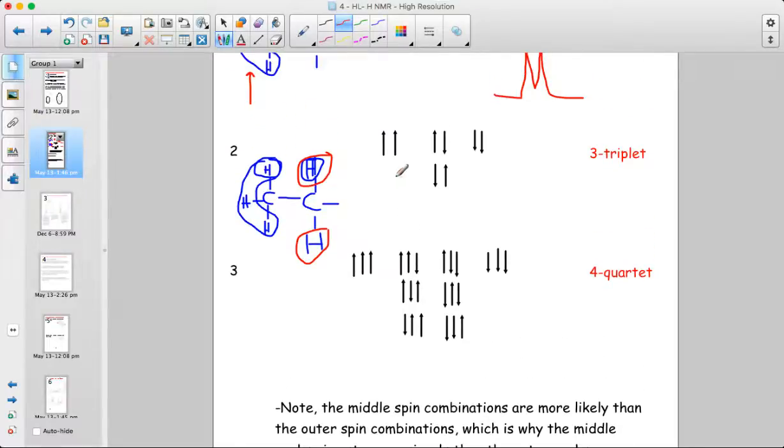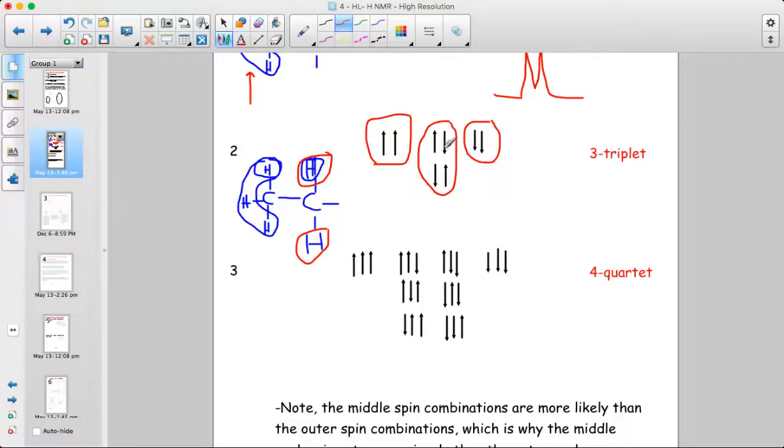So it continues to get more complicated. If you've got two, they could both be pointed up, they could both have up spins, they could both have down spins, and then they could have one or the other. So you could have one up and one down. But actually, there are two different ways that you could have one up, one down: this carbon up and that carbon down, or this carbon down and that carbon up.